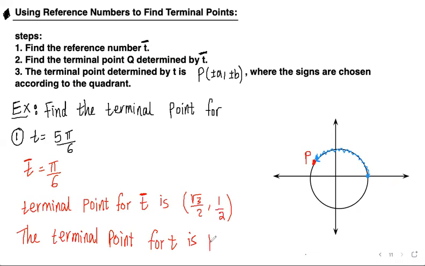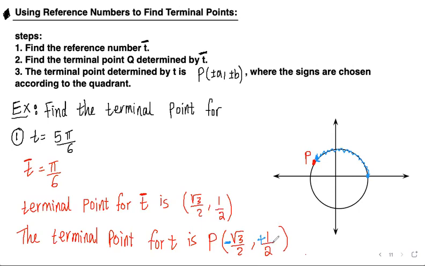It is the same as this point, but the difference is the sign. On this side, the x-axis is negative and the y-axis is positive. So the point is negative square root of 3 over 2 and positive 1/2.